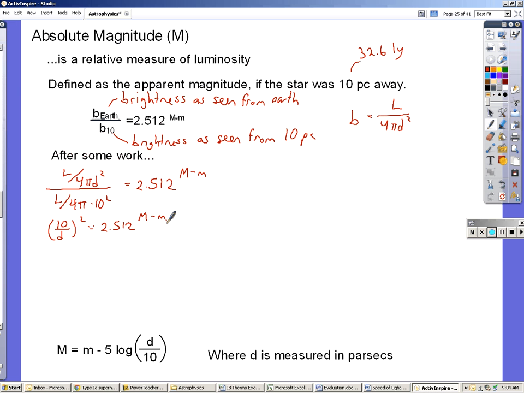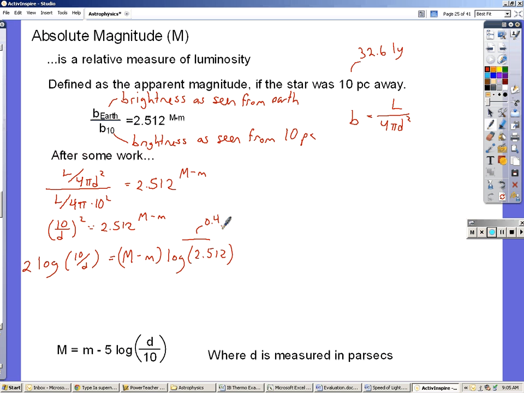Then you take the logarithm of both sides, and we're going to take the base 10 logarithm, not the natural log. So it'll be 2 times the log of 10 over d equals m minus M times the log of 2.512. Now that logarithm works out to about 0.4.